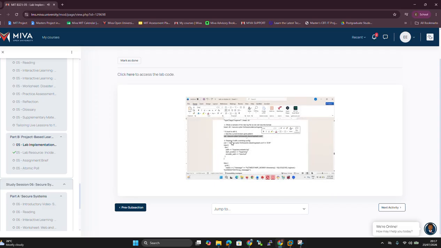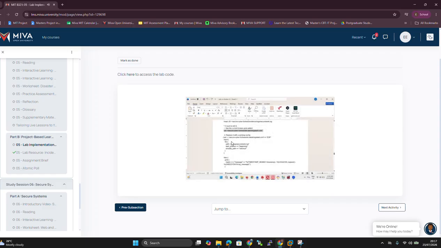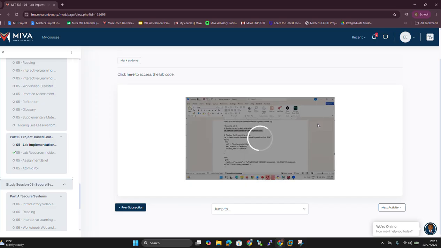So you can run this to see what is broken, and then once you see what is broken, run this fix to replace the broken file with the correct one.